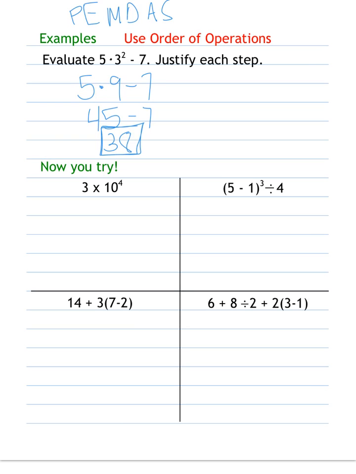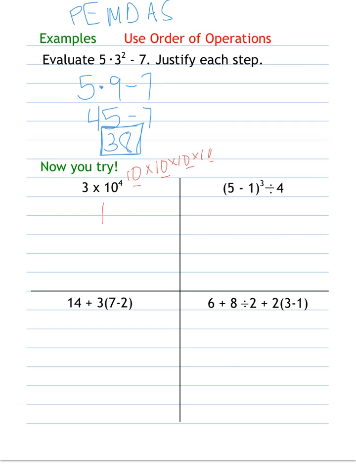Okay, our next one here, 3 times 10 to the power of 4. Start with parentheses, we don't have any. Move on to our exponents. We have 10 to the power of 4, which is saying 10 times 10 times 10 times 10. Now, with this, there are 1, 2, 3, 4 zeros.